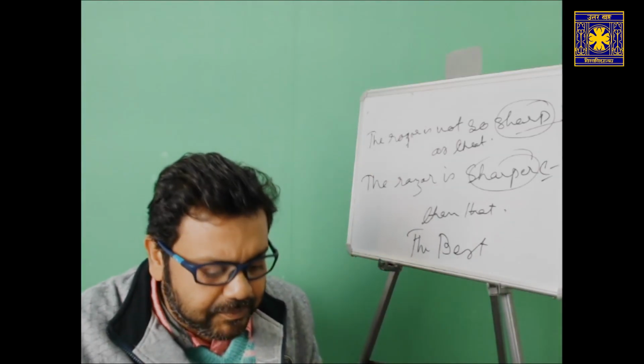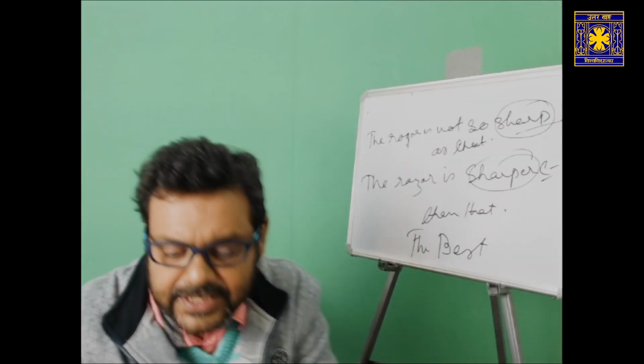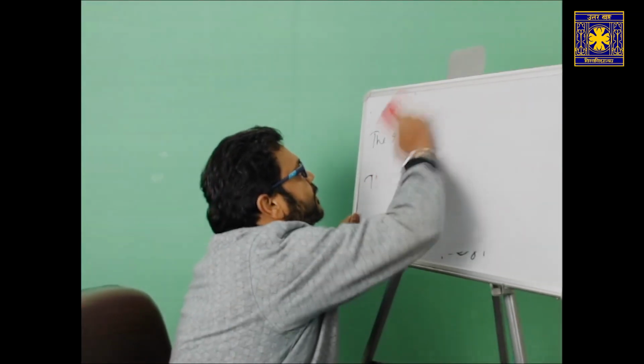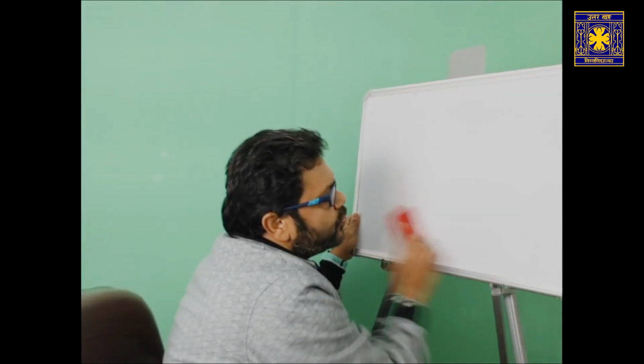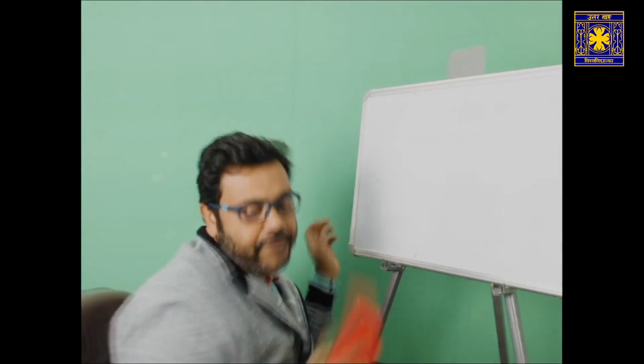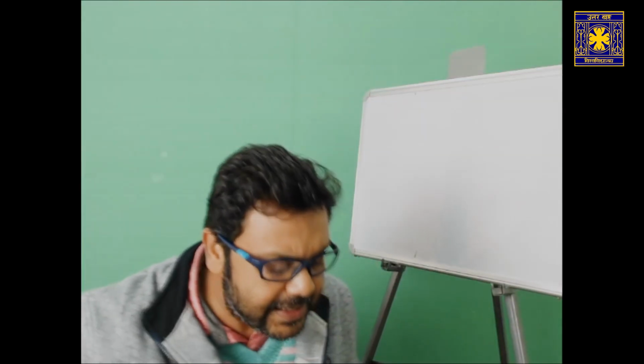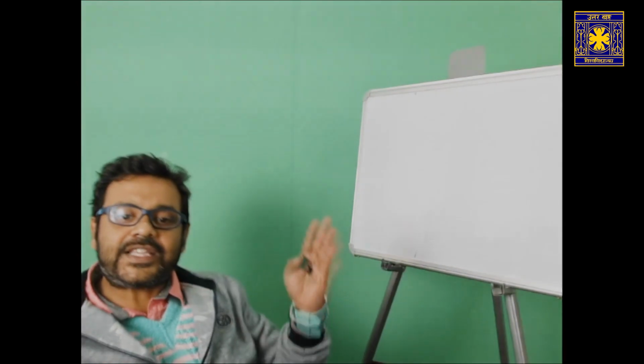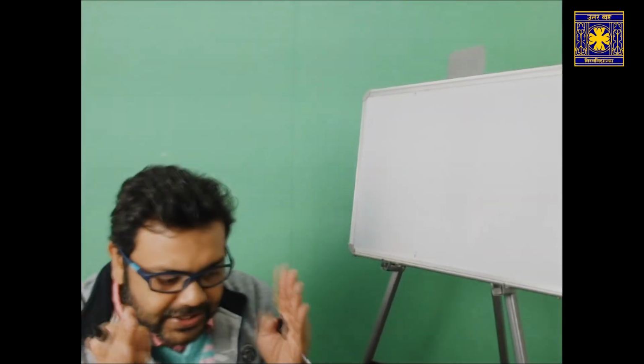Okay. Now, another very interesting transformation of sentences that I'll show you is by using the word too, T-O-O. This is an adverb. Now, how? He is so honest that he will not accept a bribe. Now I'll use the adverb too, and this transformation will also shorten the sentence.